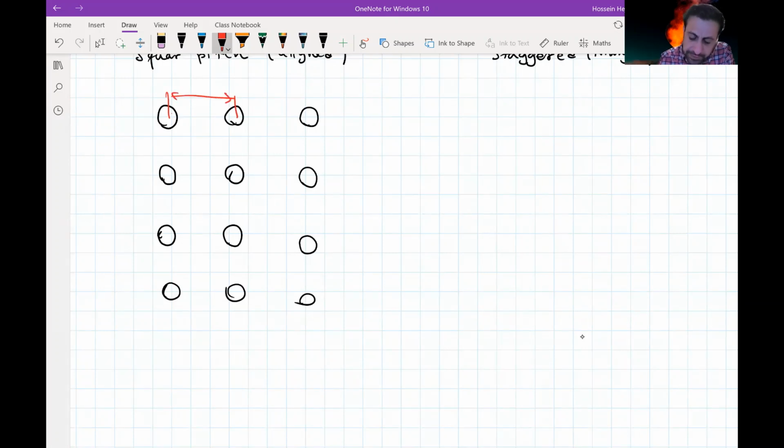The distance between each row of these tubes, we call it SL. The distance here is transverse. The diameter of the tube we assume is D for these situations, and let's say there is a uniform flow crossing these tubes.